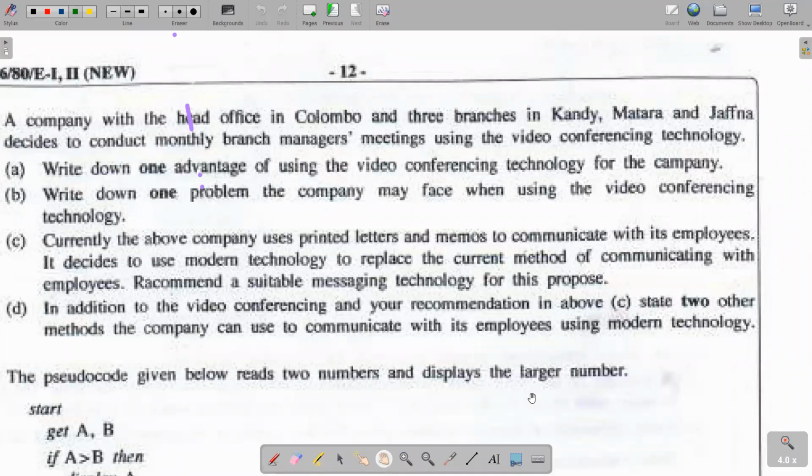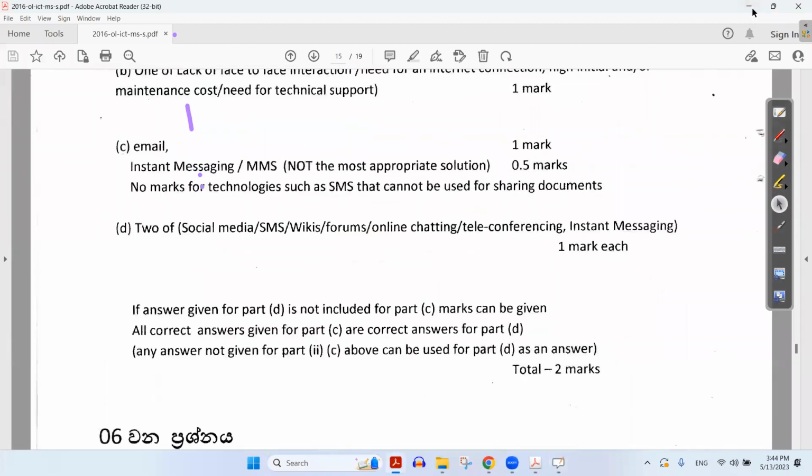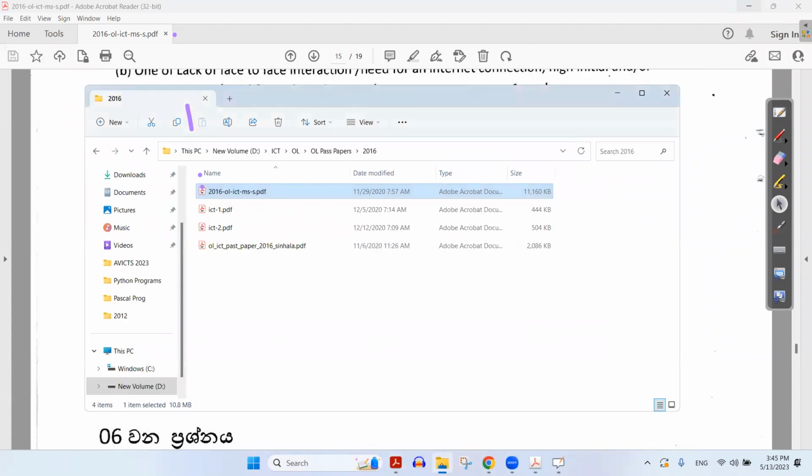And in part D, what are they asking? Take the paper aspects.